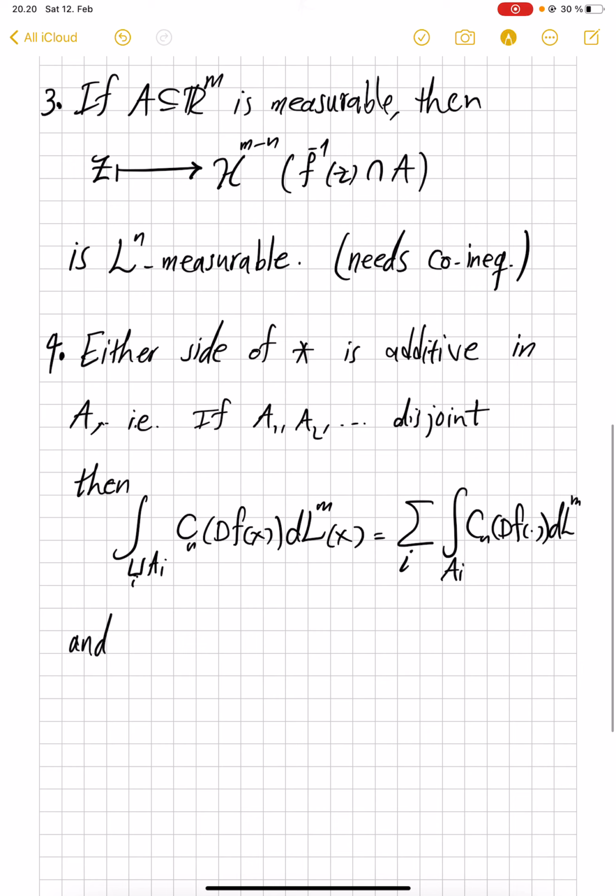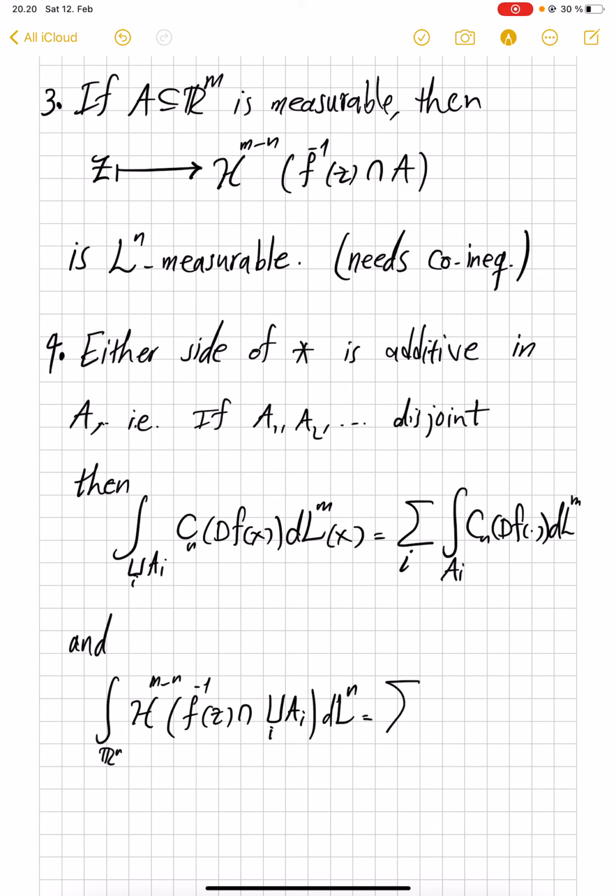And the same holds for the other side, that integrating H^(m-n) of f inverse of z intersected with the union over i of Ai, dL^n, will be the same as the summation over i of the integral over R^n of H^(m-n) of f inverse of z intersected with the individual Ai, dL^n.